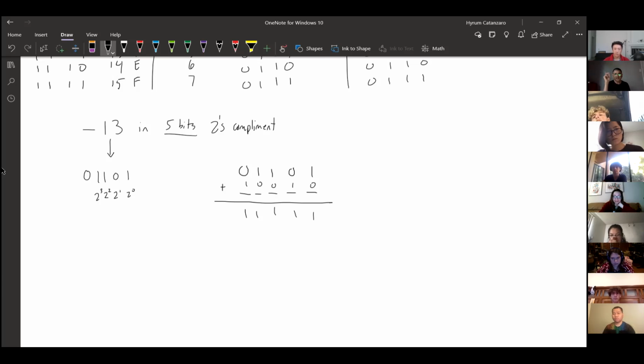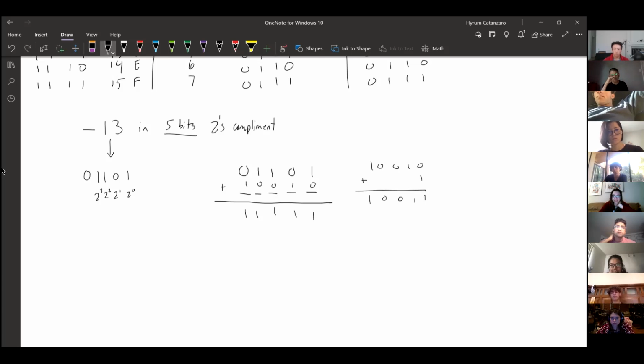Now we know that if you add the next number above this to the original number, you're going to get all zeros and a carry that needs to be discarded because it can't fit in the 4 or 5 bits. Yes or no? I have a quick question. How do you know that adding 1 to the number that gives you all ones will work?